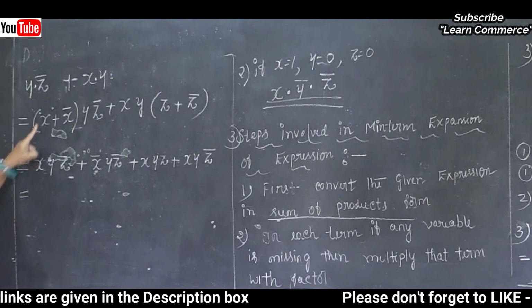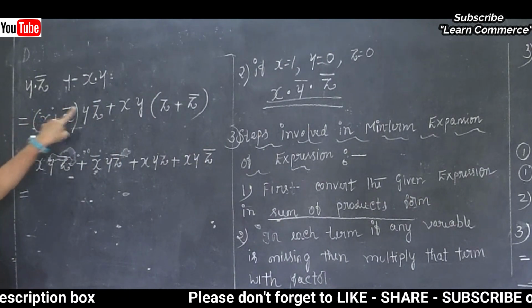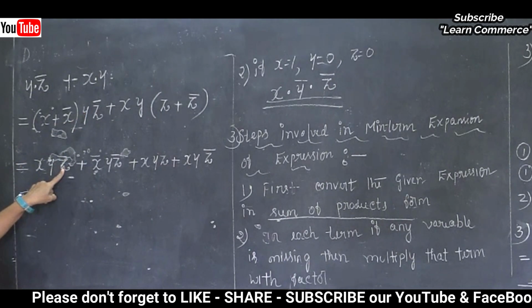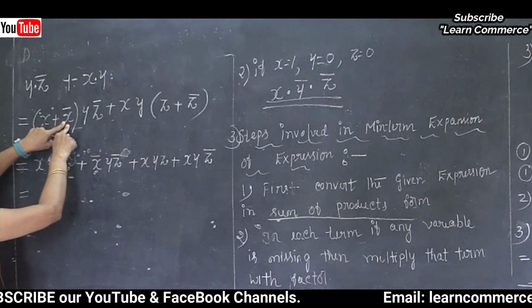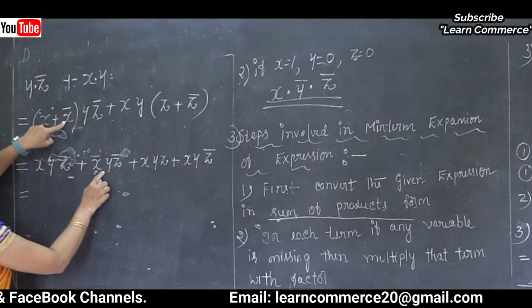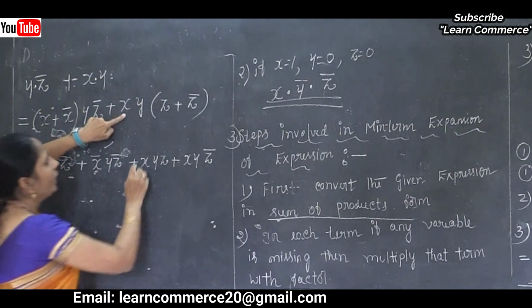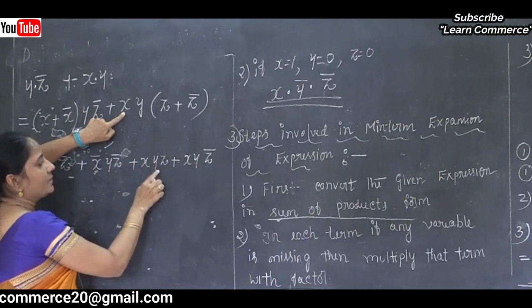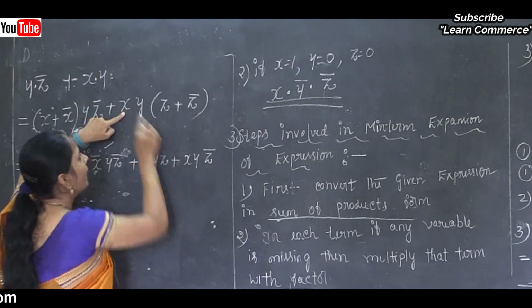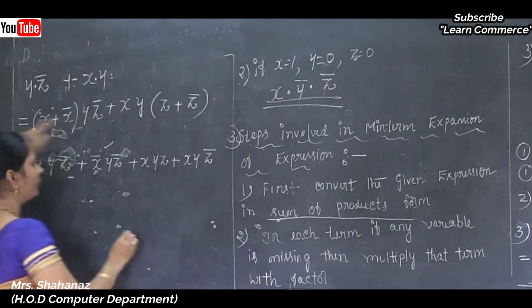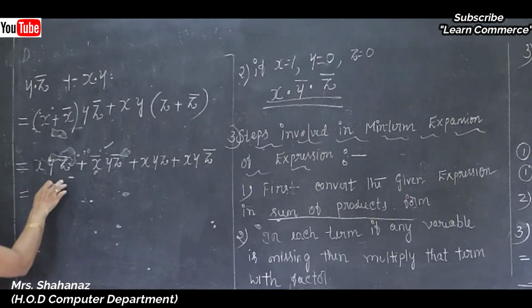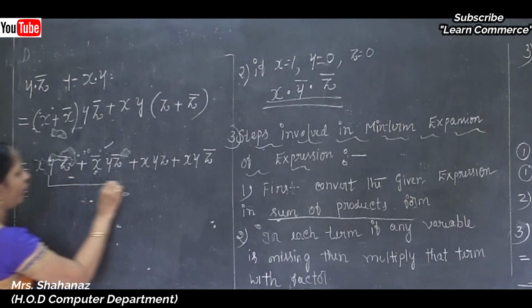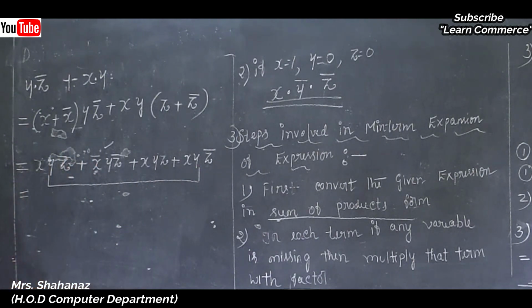Clear this one? How I completed? X, y, complement of z, plus as it is, complement of x, y, complement of z. Okay. Now x, y, z, after that plus x, y, complement of z. Now the first and the last, x, y, complement of z, are duplicate values.